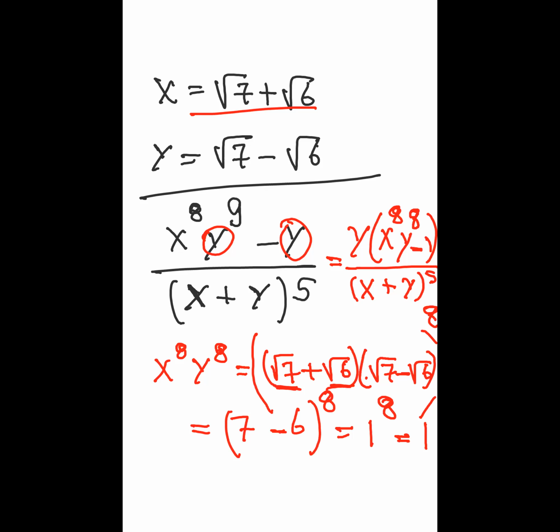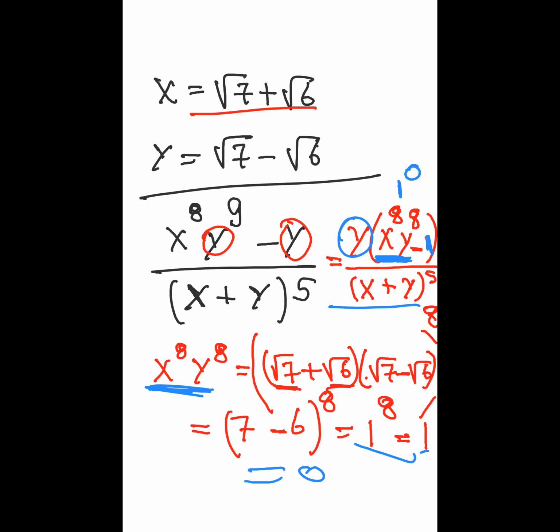So now we got that x power 8, y power 8 equals 1. On the previous step, it was x power 8, y power 8 minus 1, so 1 minus 1 means 0, times y means 0, over whatever the denominator, so it will equal 0. No need to solve more than this.